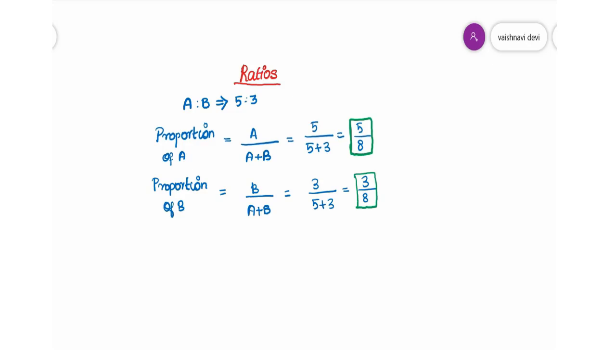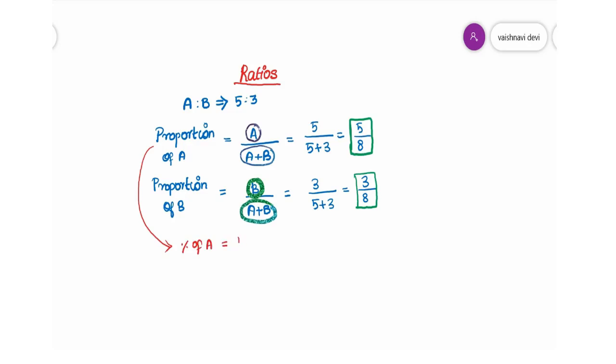The overall quantity is 8. So the mixture is 8, and we have found that the proportion of A is 5 by 8 and the proportion of B is 3 by 8. Okay, 8 units of mixture contains 5 units of A. That is the real meaning.